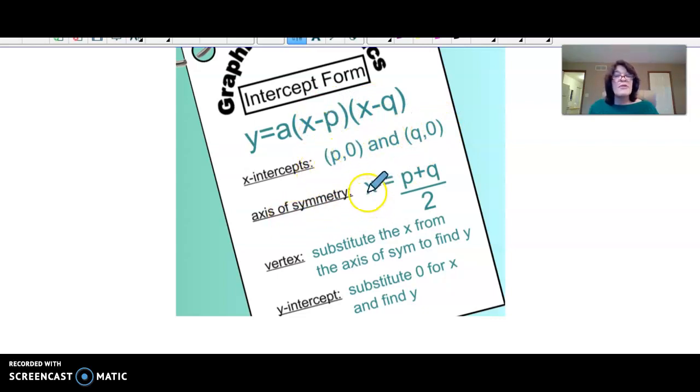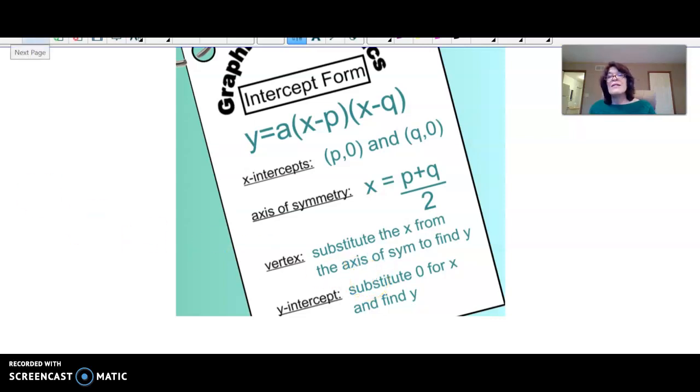The axis of symmetry will be x equals the vertex, which we just said was what you get when you add P and Q and divide by 2. To get the y part of your vertex, you substitute the x from up here to find y. And the y-intercept, you still do the same thing that we did every single form. We put 0 in for x and see what we get.